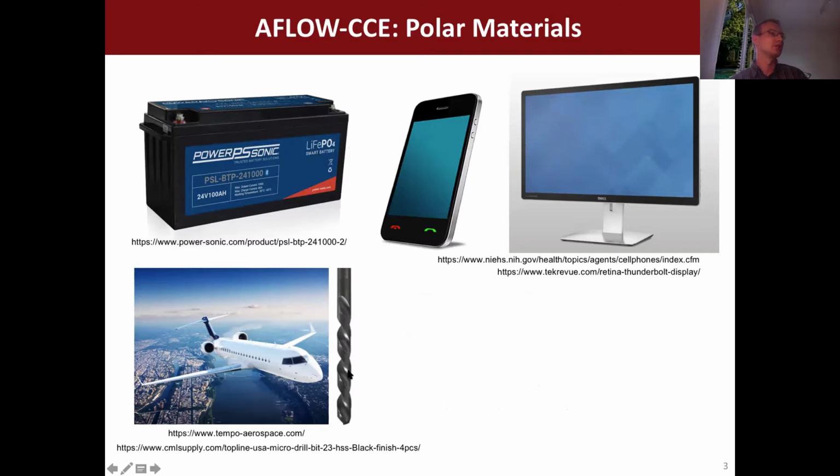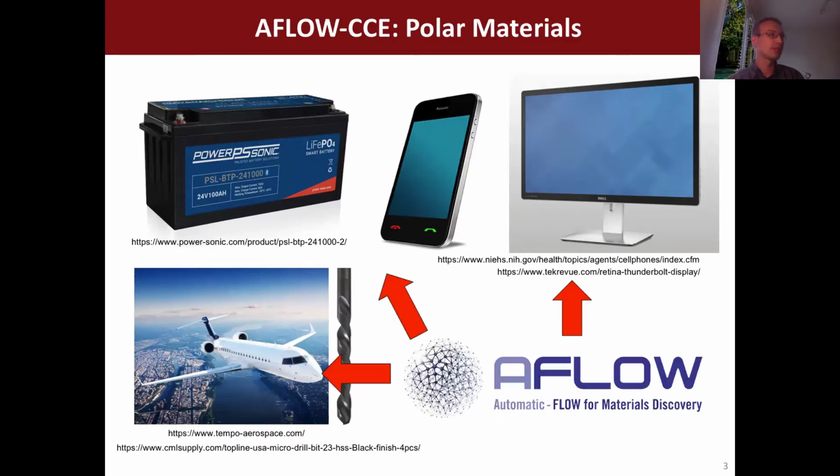And also as coatings for cutting tools, and in aerospace technology, you want to have very thermally resistant materials, potentially ceramics, and these are of course polar materials. And we want to be able to study and design those materials with AFLOW, with our software.